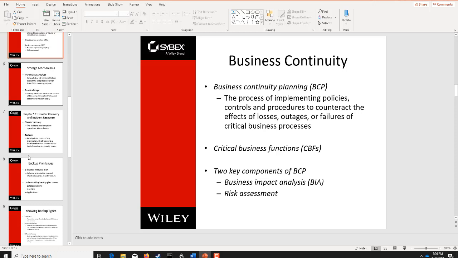And this process is for the implementation of policies, procedures, and controls that are going to counteract the effect of that, quote, disaster, end quote. And what we're going to see here is the effect of losses, outages, failures, critical business processes, pretty much anything that could potentially make us lose money or reputation or prestige.